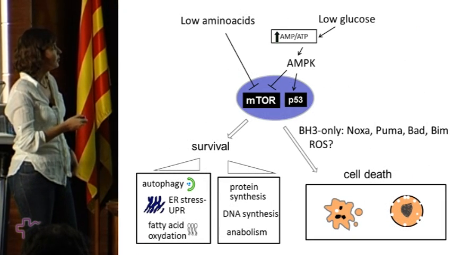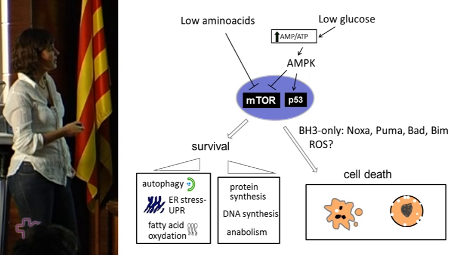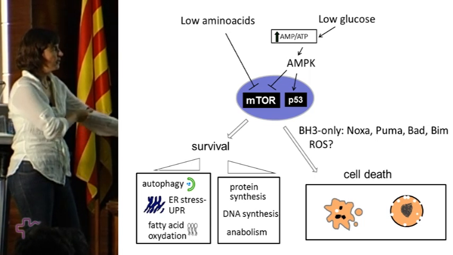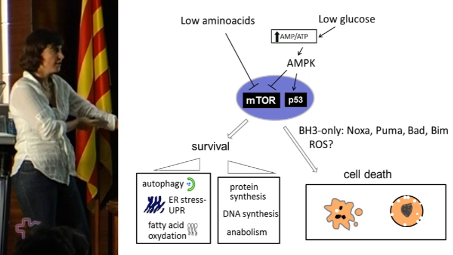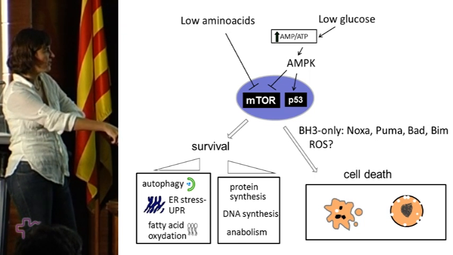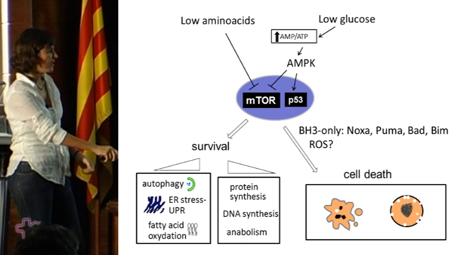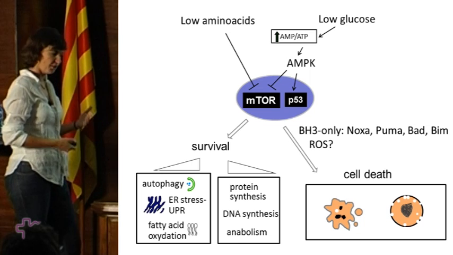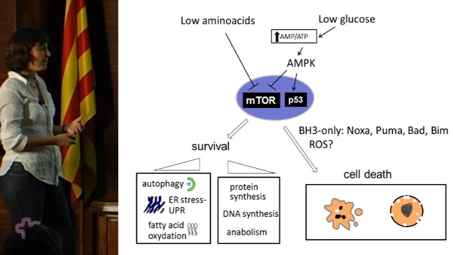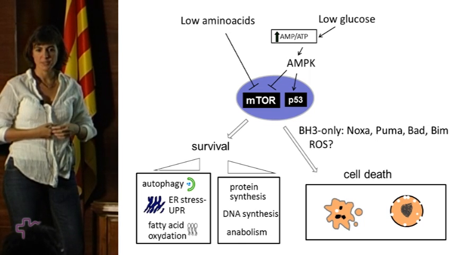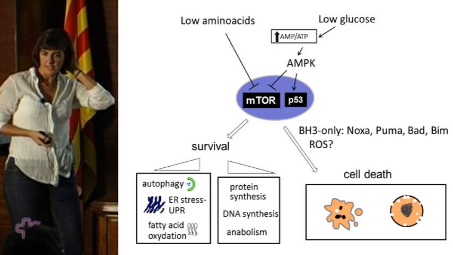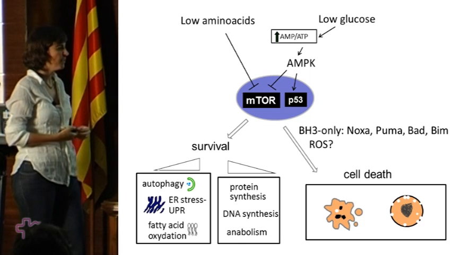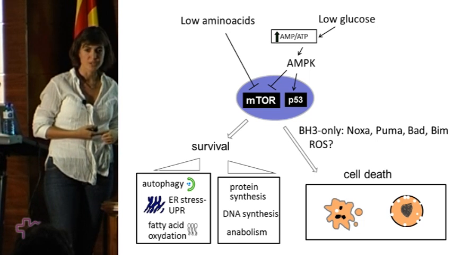So going back to the pathway that we're interested in, we were trying to analyze how cells die when you deprive them of glucose. For the interest in cancer, but also in ischemic diseases. So we used a model in which the mitochondrial pathway was completely inactivated, not that the mitochondria are not happy, to be able to study this necrosis that is supposed to be occurring during ischemia in several tissues, and also because the inactivation of the mitochondrial pathway is very common in tumors.